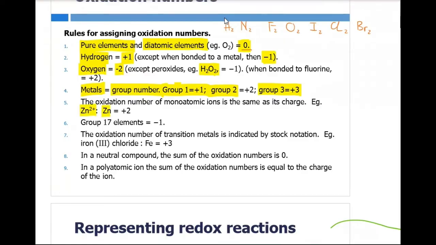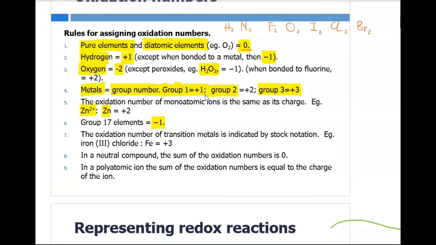I'm going to kick it up a notch just so that we can do some questions. Group 17 elements, always -1. If you think about it, you've got group 1, group 2, transition metals, group 3, and then from the other side, your noble gases or your inert gases, 0, -1, -2, -3. So that's an easy way to kind of remember it, right? So just make sure that you have a way in which you could potentially check.